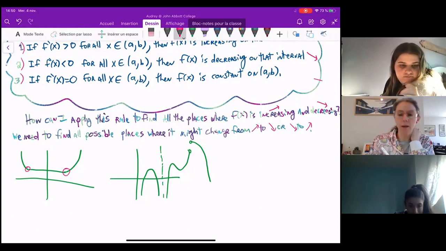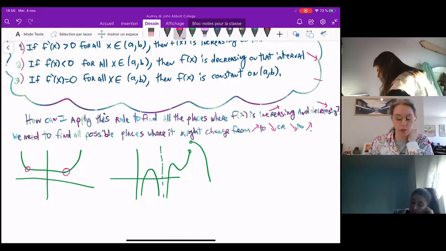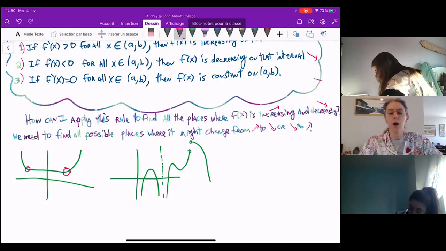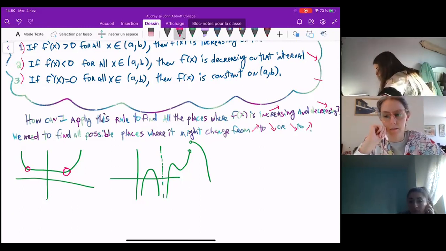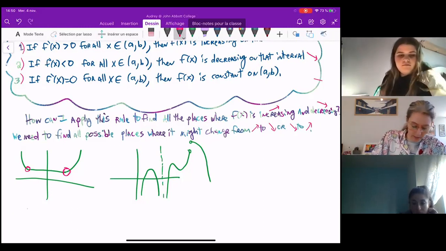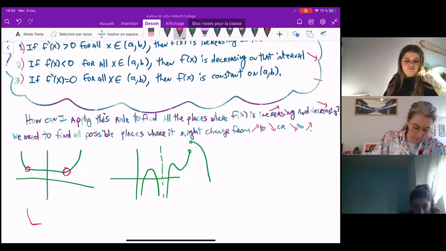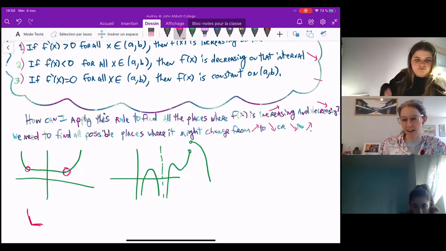So in this first graph, I just redrew the graph that we did the first time around. The places where it's changing are these things that I've circled here. What is the derivative equal to at those two places? Or rather, what do we have at those two places? What is that?